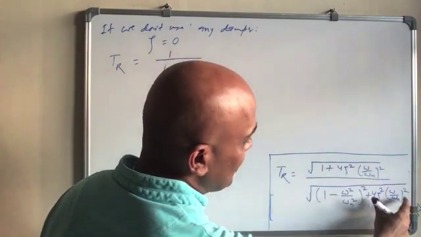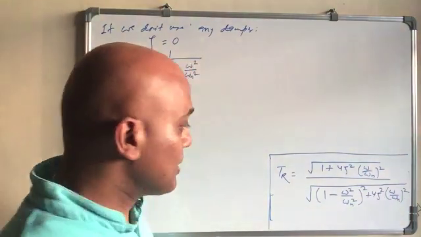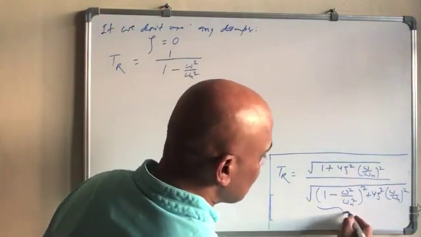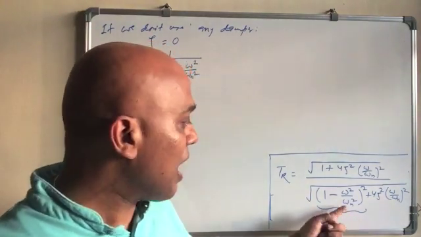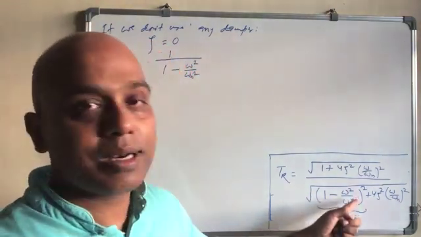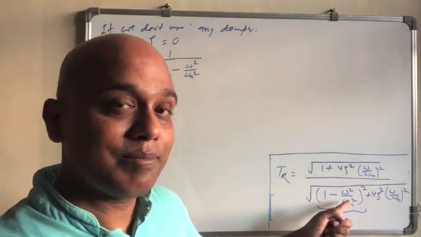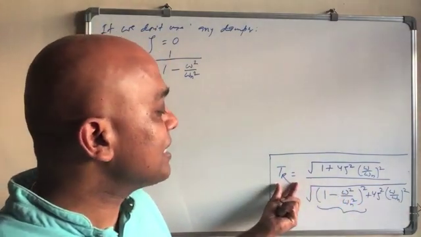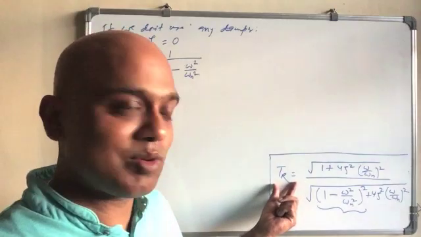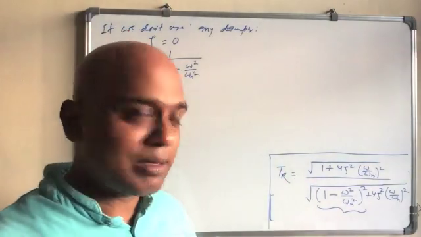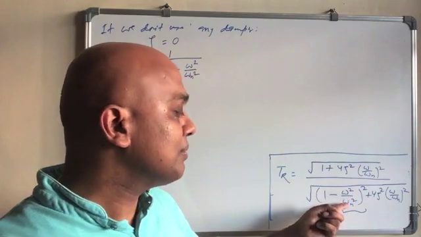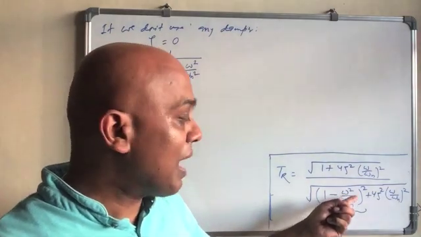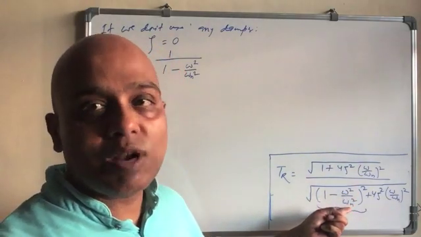This term is also here. So this term is very crucial. That really means if we somehow increase this as large as possible, then we will get Tr as small as possible. And what is the meaning of that? That will only happen when we have omega n as small as possible.